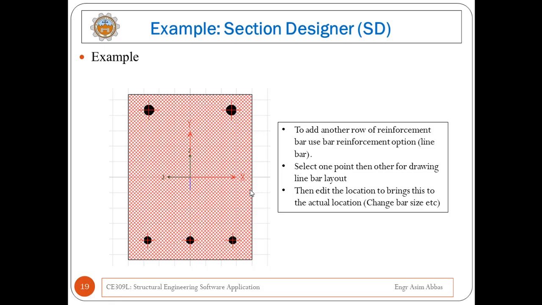From here you will choose the one rebar option, and you will put the rebar at the location where you want. For that you will enter the X and Y coordinates for that point, or you can also draw a bar at any location, and later on you can just right click on that bar and bring the bar location to the actual one by changing the X and Y coordinates.